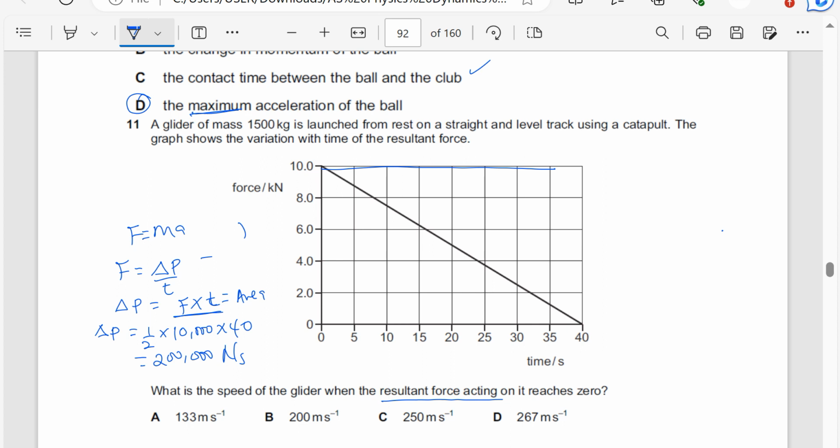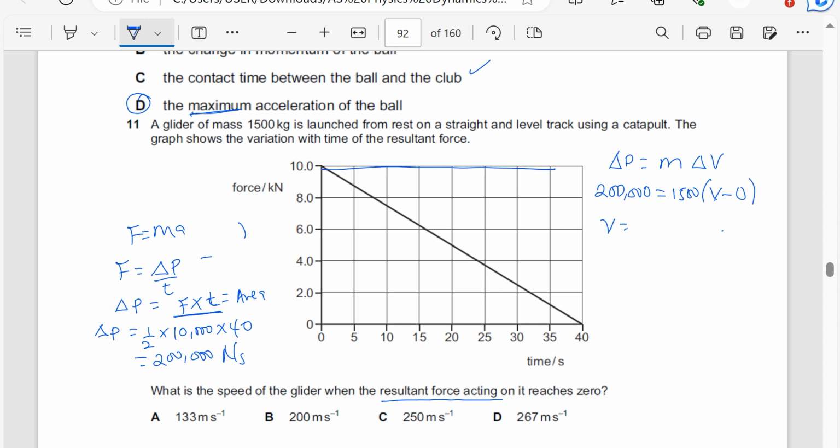But then we also know that change in momentum is equal to mass times change in velocity. So the change in momentum, which is 200,000, is going to be the mass, which is 1,500, times the change in velocity, which is the final velocity minus 0, because the initial velocity was 0.